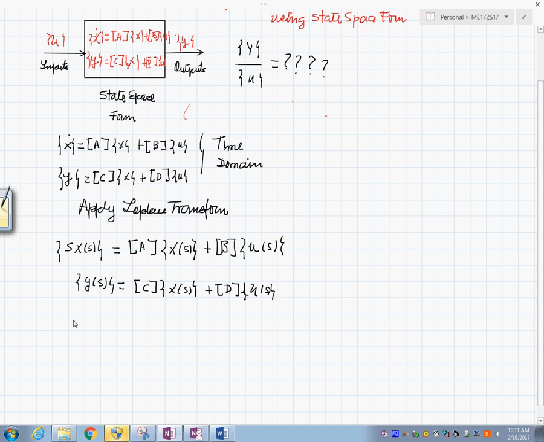So here's what I would suggest. Let's put this on the same side. s times x of s minus A times x of s, right? This is equal to B times u of s. I just move one term to the other side, right?